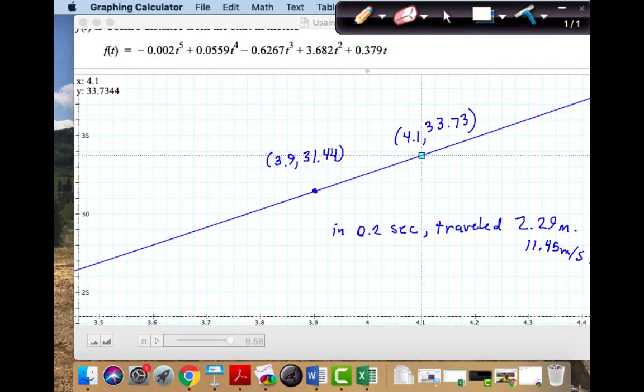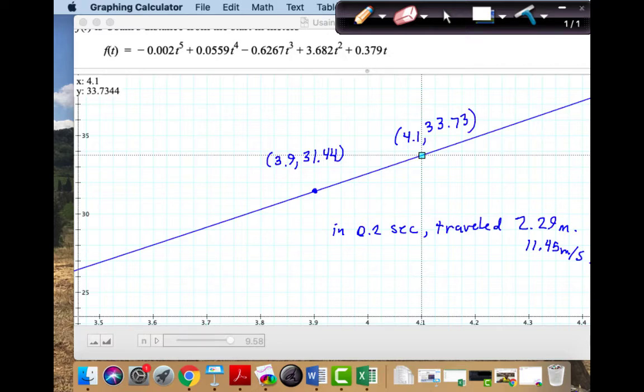So 11.45 meters per second during that 0.2 second interval. Now that's faster than the average speed of 10.4 something that I worked out before, but that's good because I bet if we were to do this same sort of computation near the beginning, it would come out to be a lot less than 11.45 meters per second.